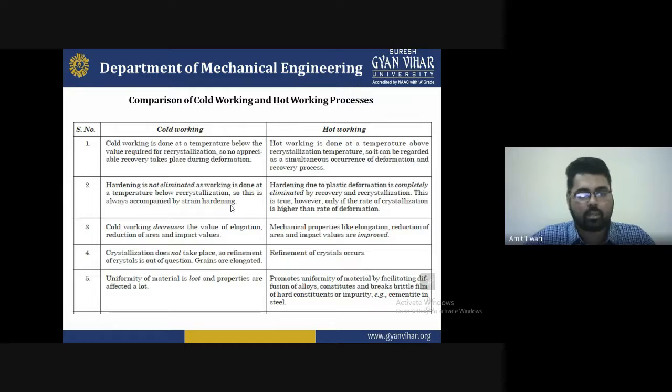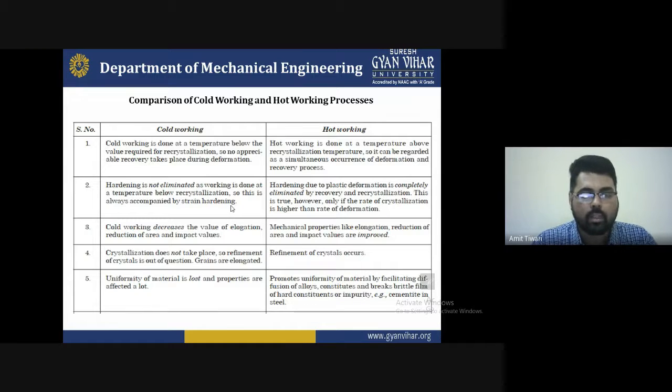Second, hardening is not eliminated in cold working as it is done below the recrystallization temperature. In hot working, hardening due to the plastic deformation is completely eliminated by recovery and recrystallization. Third, cold working decreases the values of elongation, reduction of area and impact value. In hot working, mechanical properties like elongation, reduction of area and impact value are improved.